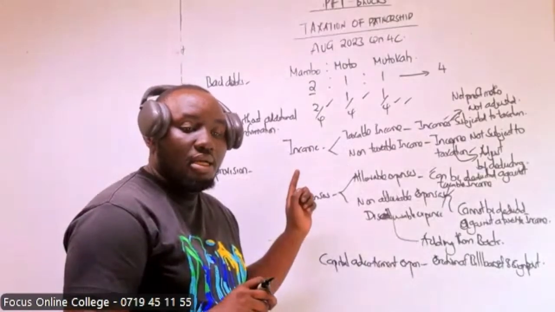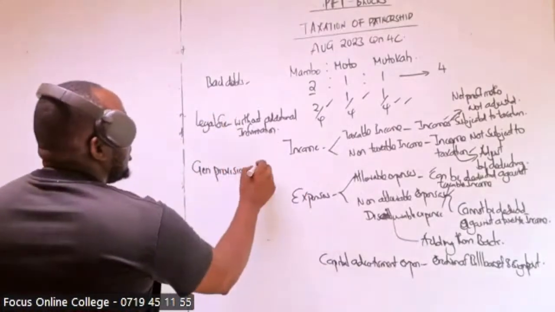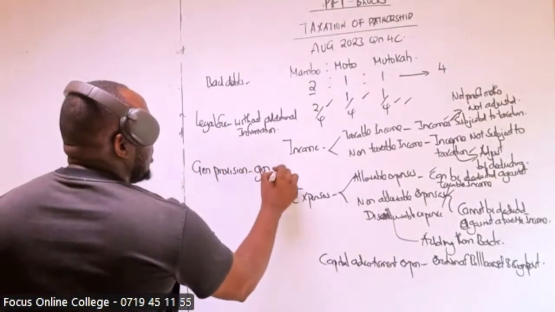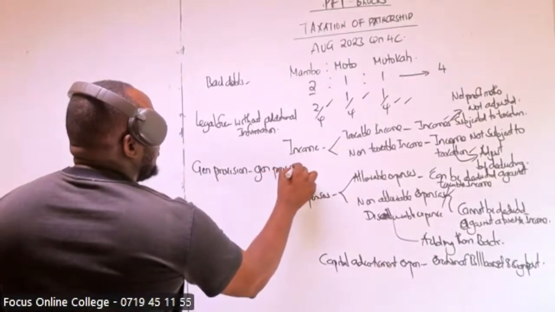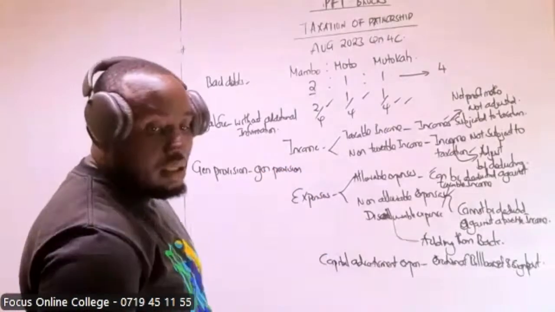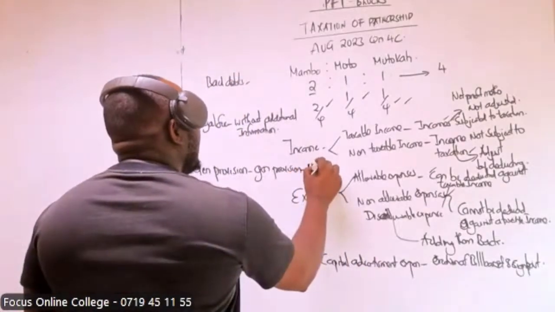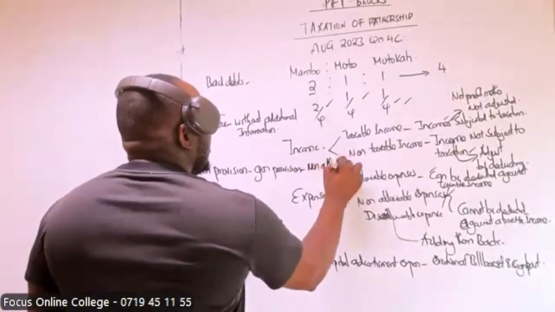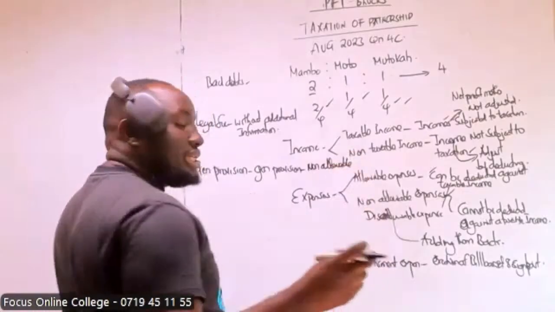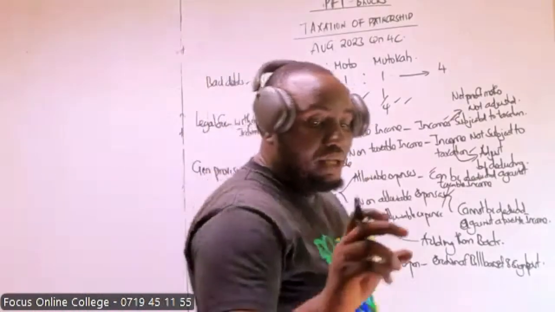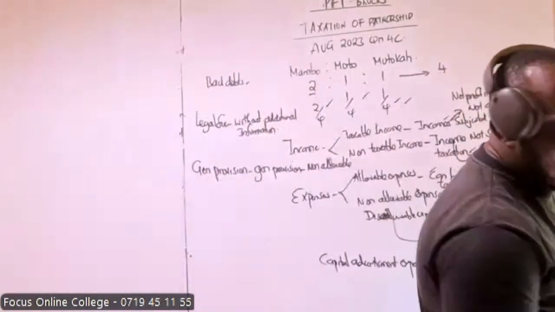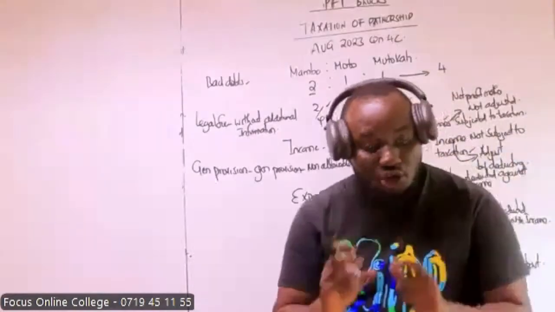So how do you treat a general provision? It is non-allowable. The figure for the bad debt is non-allowable because it is a general provision.